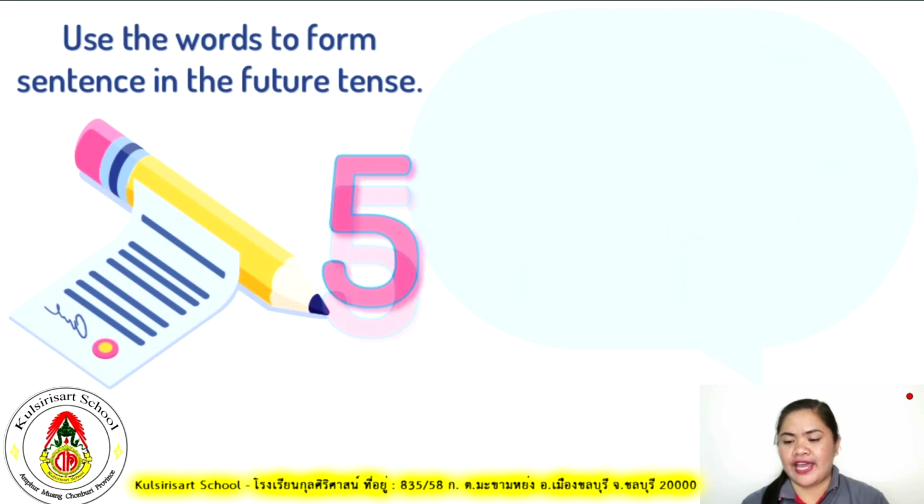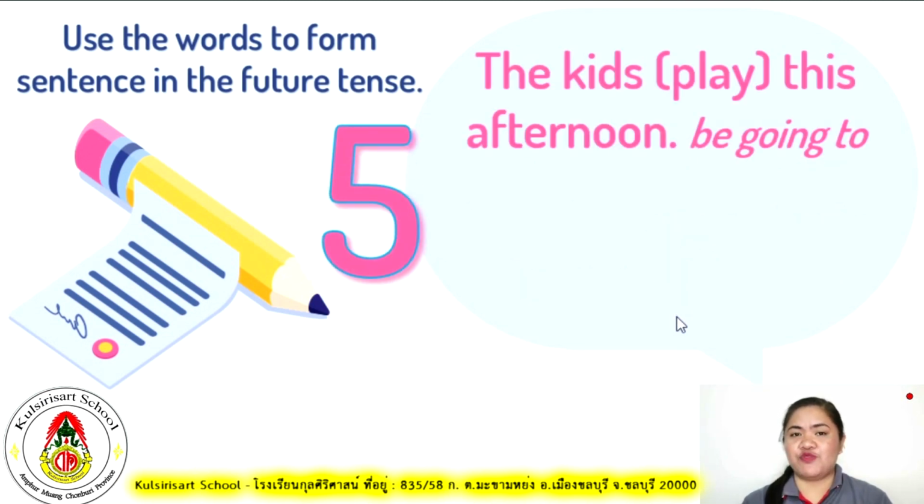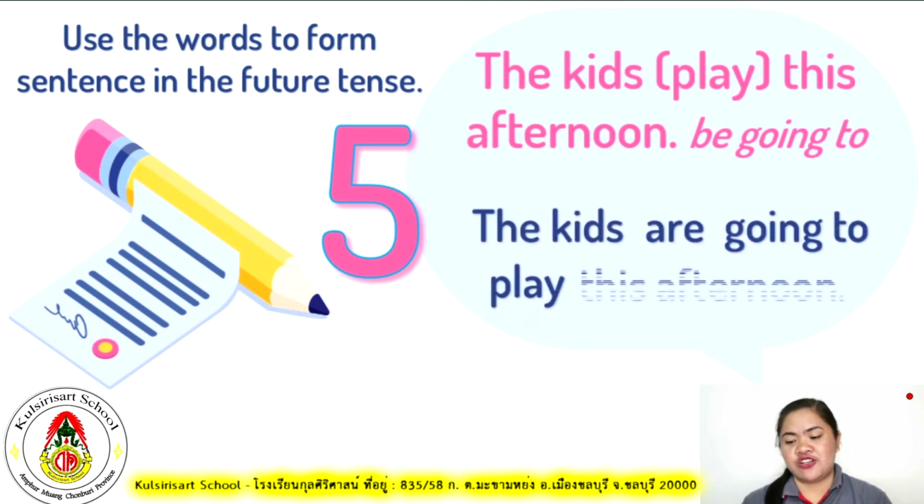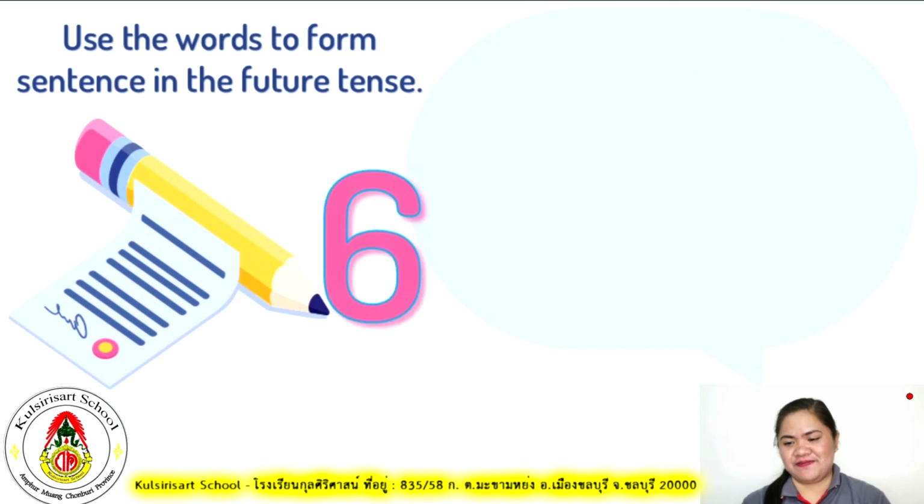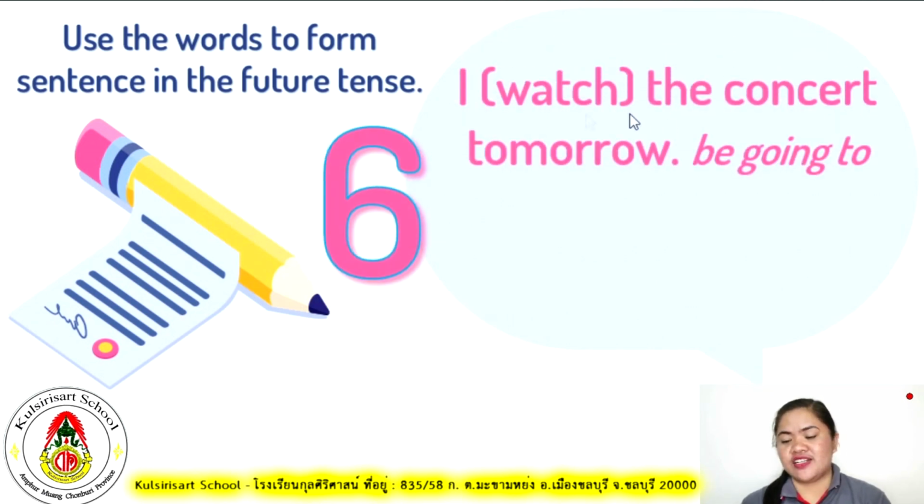Next, number 5. Since number 5 is the same as number 4, let's skip this. Let's proceed to number 6. Number 6 is, I watch the concert tomorrow. Again, tomorrow, meaning this is wrong because the action will happen tomorrow.